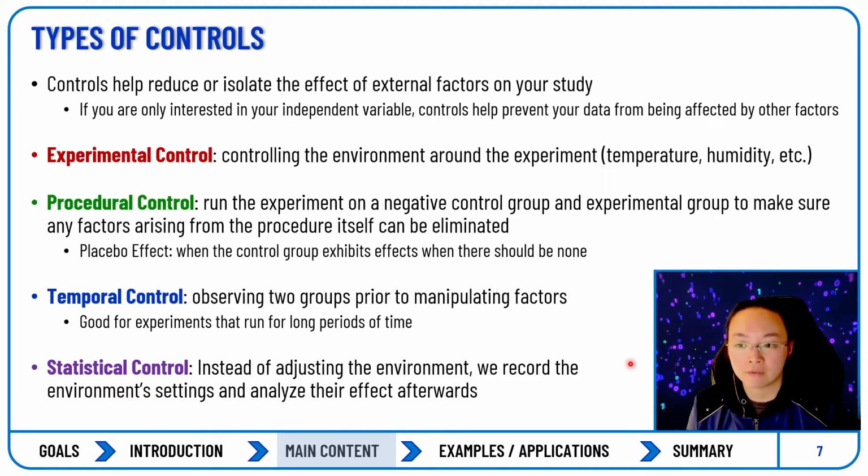And then it's good to have an experimental group where you actually make those modifications to your independent variable and see what the measurement is like and what the distribution of data points is between the two, so that you can remove the effect of the environment and anything else from it. So that's procedural control. Then there's also temporal control.